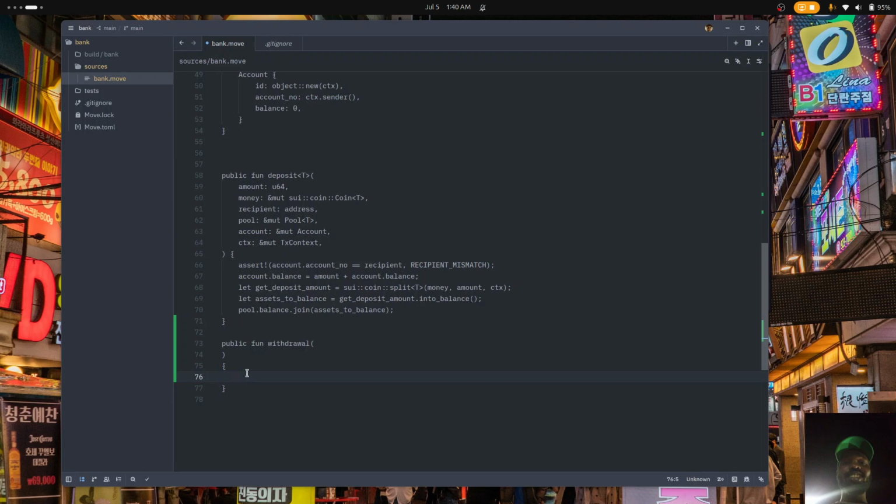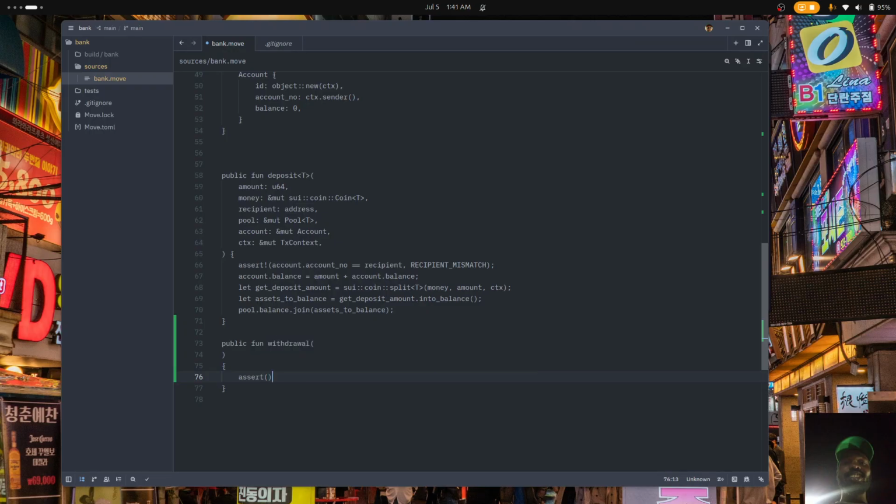So what I want to do right now is very simple. I want to withdraw. The first thing I want to do is to assert that whoever is calling this has enough balance to withdraw first.